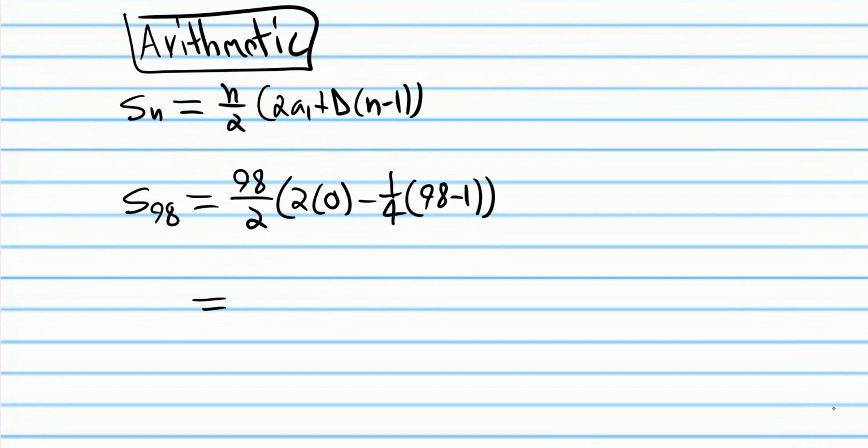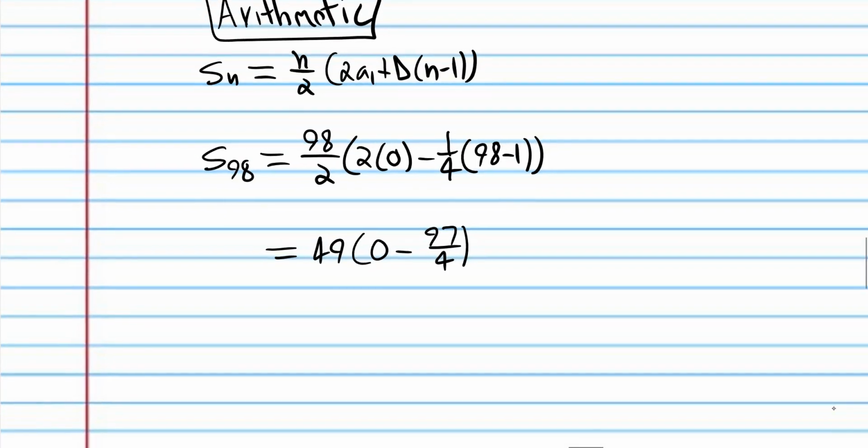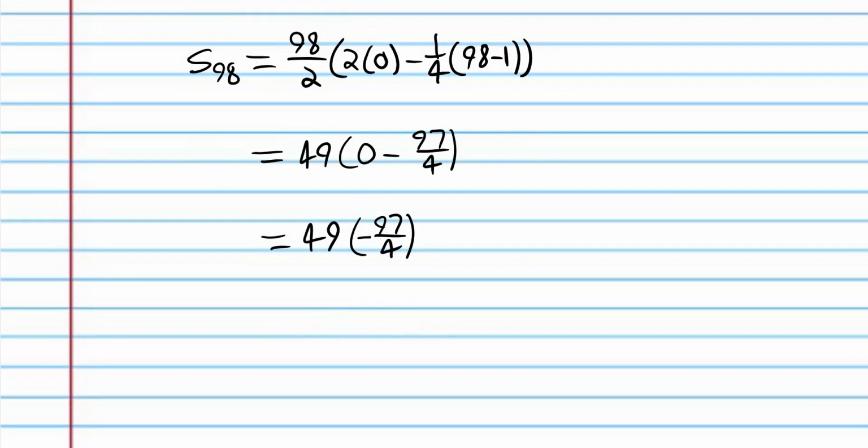So 98 divided by 2 is 49. And we have 0 minus 97/4. And then we have 49 times 97/4. And whoops, I forgot to write a negative on that fraction.